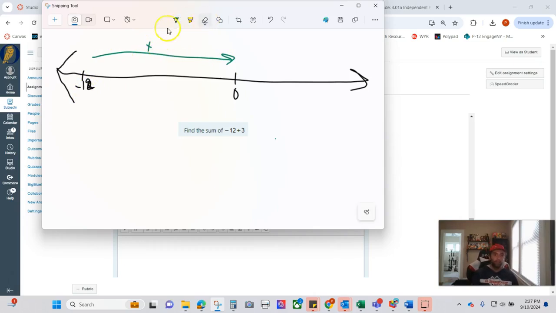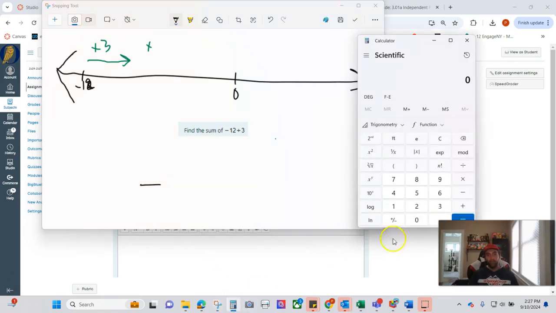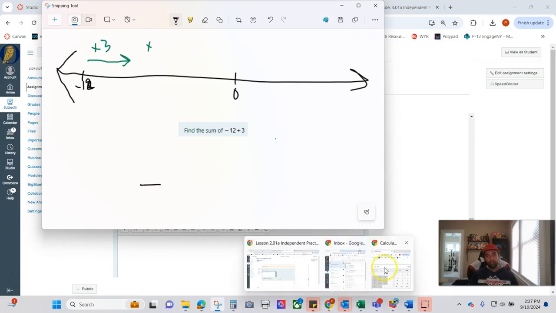But we're not adding 12. We are only adding 3. So I think our final answer is still going to be a negative number. And let's use that calculator to see just how negative our answer will be.